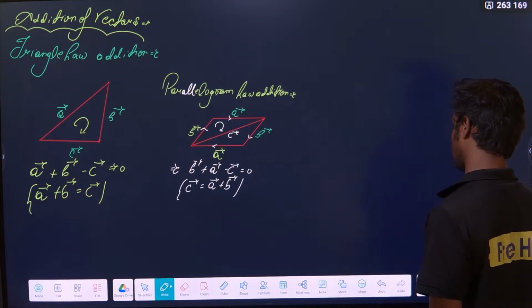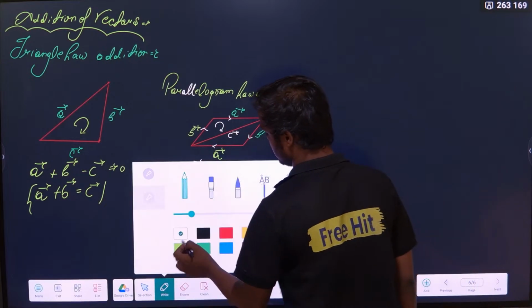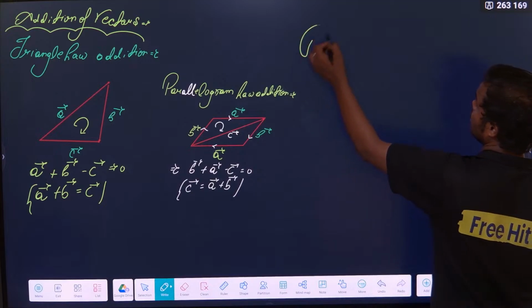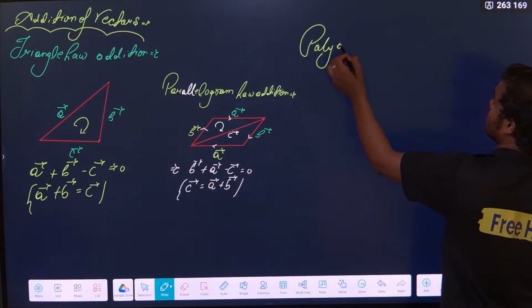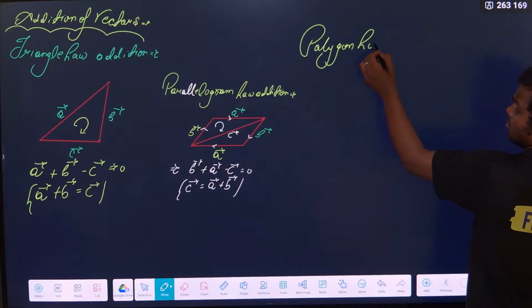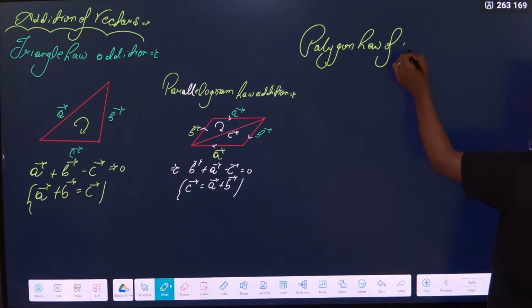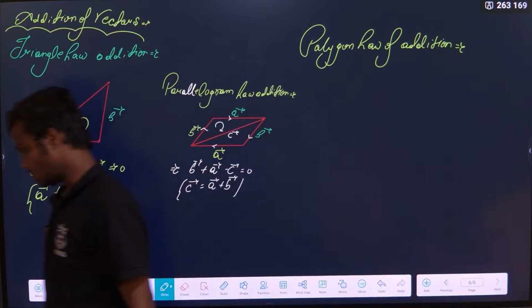And the last rule, if you want, you can note it down, is the polygon law of addition. That is the last rule. That is very simple. What does this rule state?